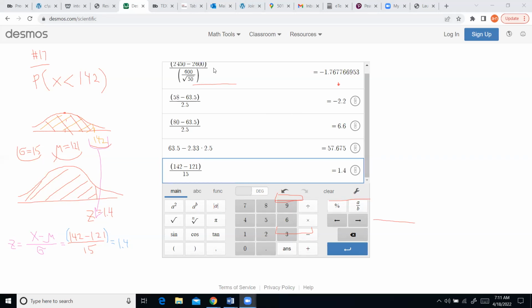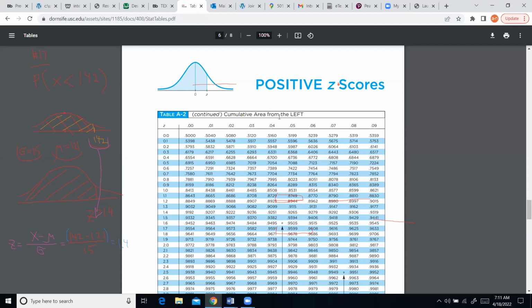So I'm looking at these tables and need to find 1.4 in it. So how can I find it? Well, we're looking at the first column. That's where location of Z is. And looks like 1.4 is right there. Also notice there is an entire row of data that appears to be next to it.